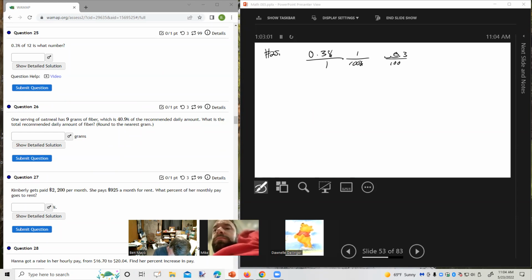Dividing by 100 would move it over 2 more places. So that's going to be 0.003 of 12 is what number? Okay, so 0.003 times 12 is 0.036.